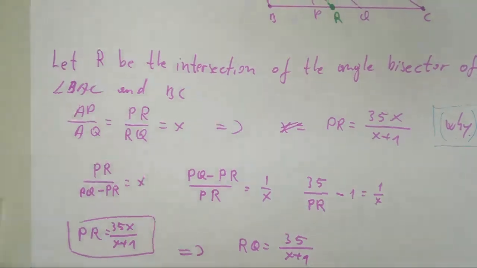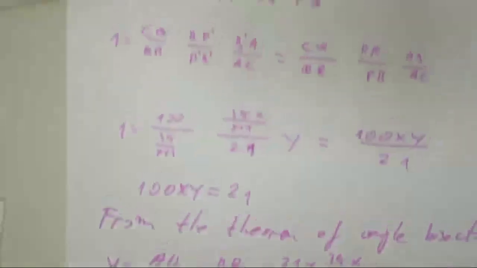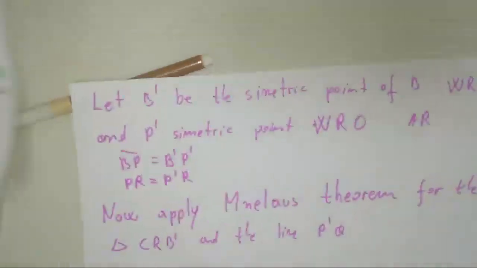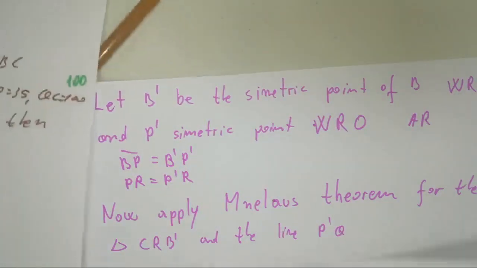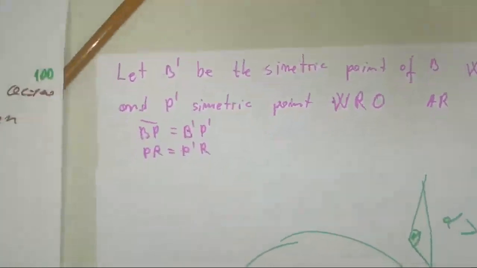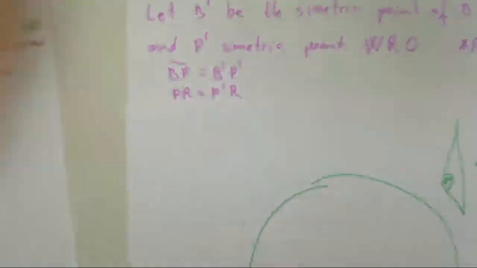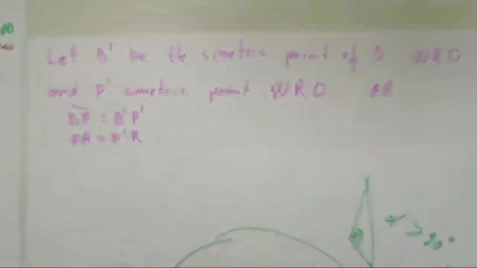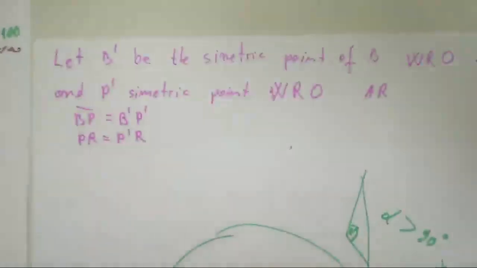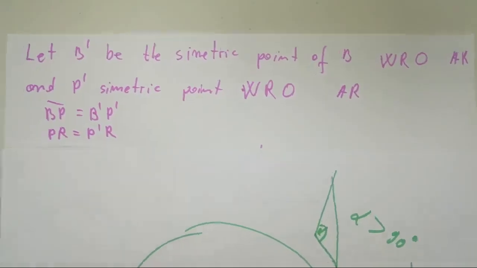All right, let's continue. I have another paper full of calculations, as you see. All right. Now, to solve the problem, we need to take some other points, like the point B prime, which will be the symmetric point of point B. WRT means with respect to.